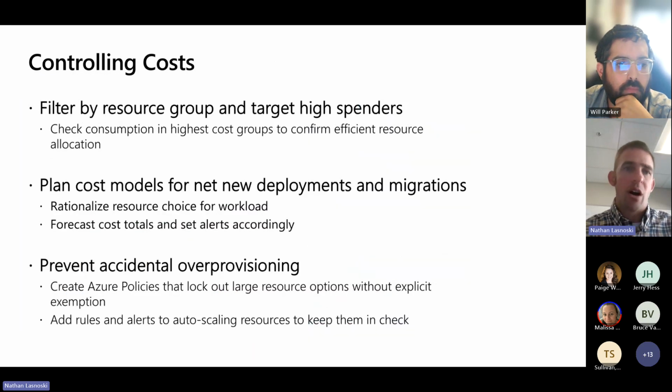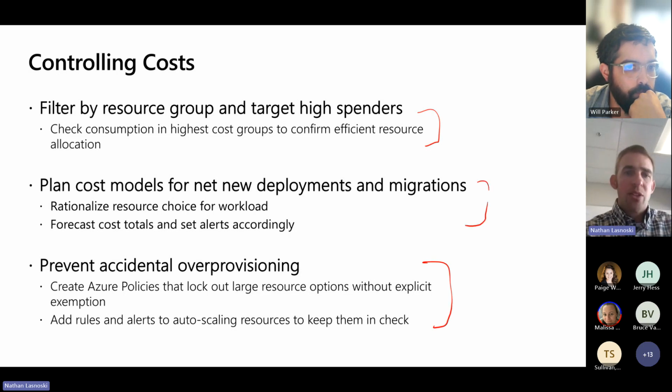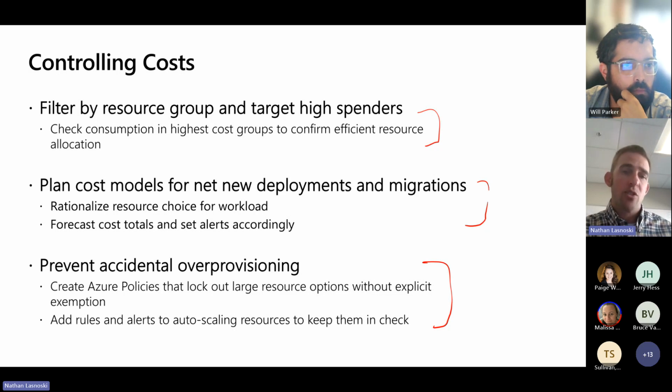And then controlling those costs by targeting high spenders, having intentional conversations around over provisioning, around planning cost models around the environment to rationalize, and then making intentional choices about how many reserved instances do I have, how am I applying them, and where can I turn down resources or do overnight resources that get shut off rather than being turned on. Now, everybody talks about these things. What I'm calling you to do is to do them, because this is the number one way that you save money in your Azure environment, by applying these kinds of controls.